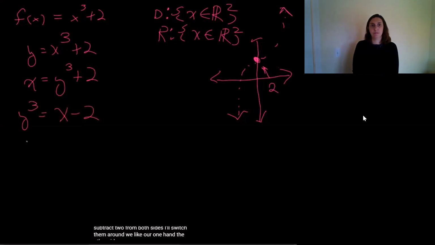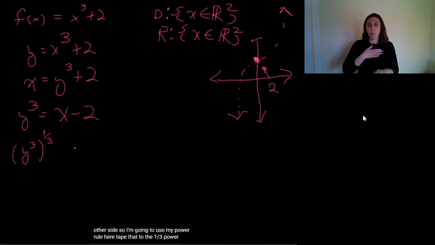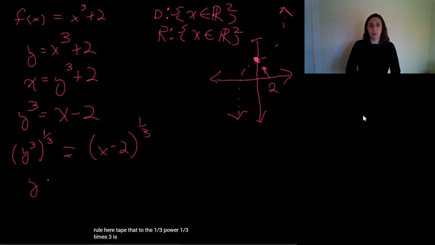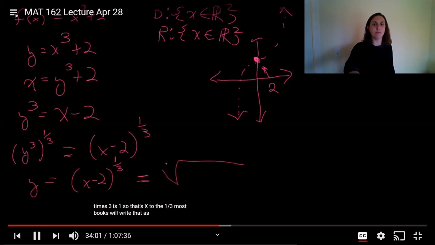We like our y on the other side. So I'm going to use my power rule here. Take that to the 1/3 power. One third times 3 is 1. And so that's x to the 1/3. Most books will write that as the cube root.